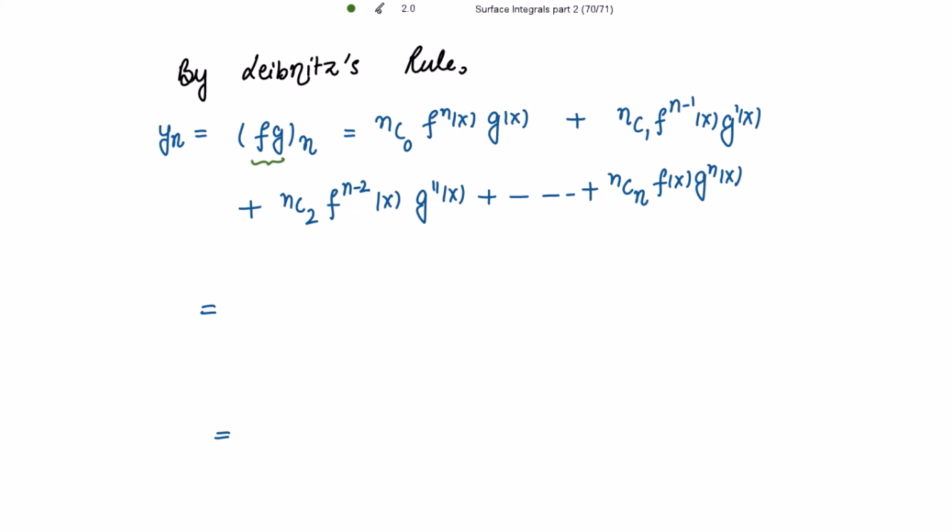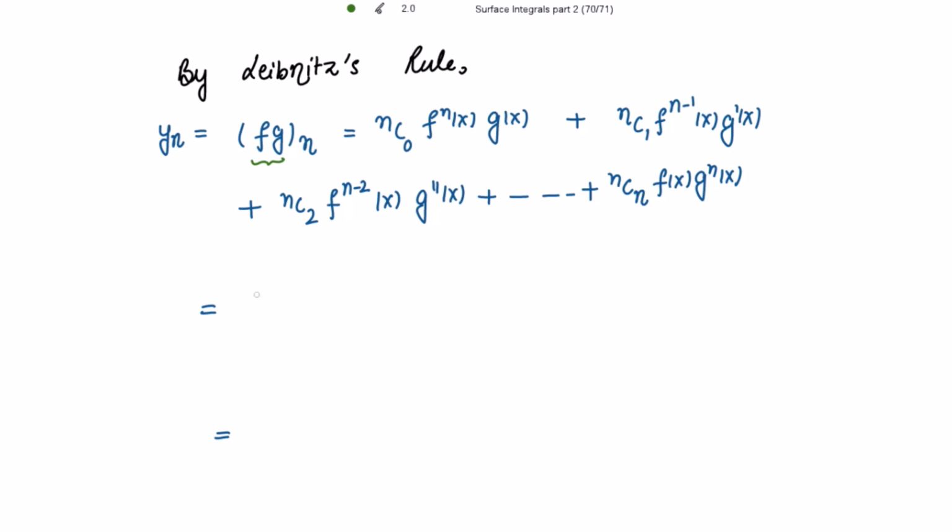So that is equal to nC0, the nth derivative of the first function, into g(x), plus nC1, the (n minus 1)th derivative of the first function, into the first derivative of the second function, plus nC2, the (n minus 2)th derivative of the first function, into the second derivative of the second function, that is g double dash x. So on, nCn, f(x) into the nth derivative of the second function.